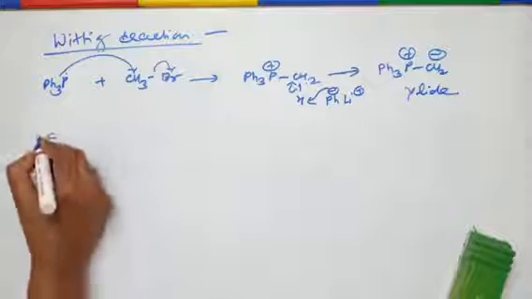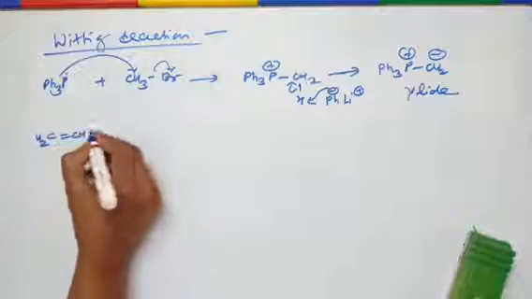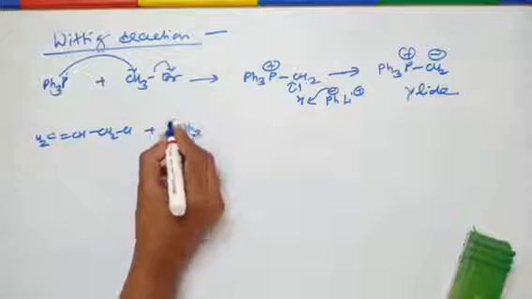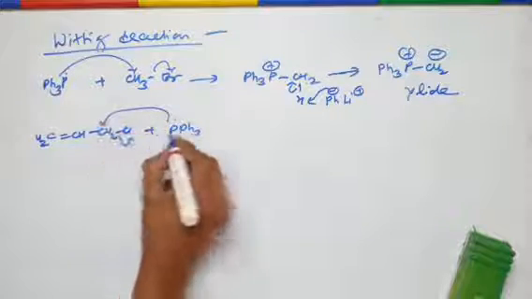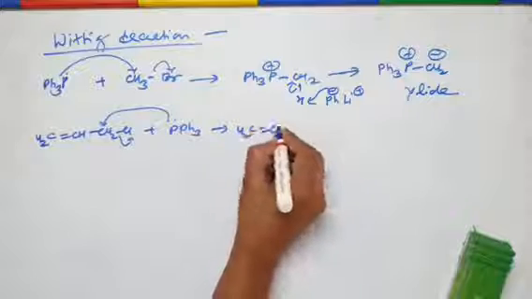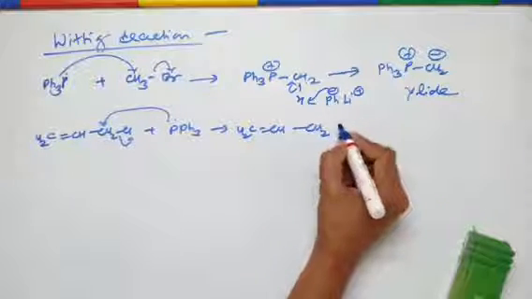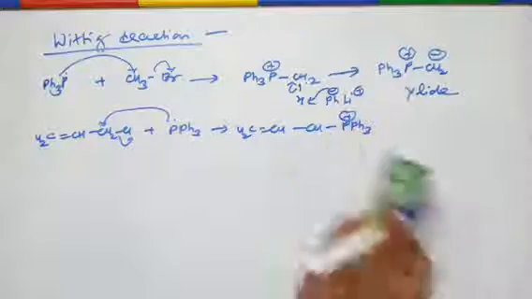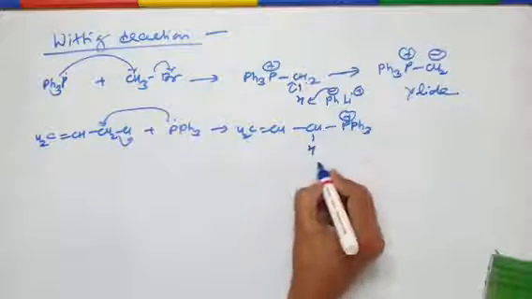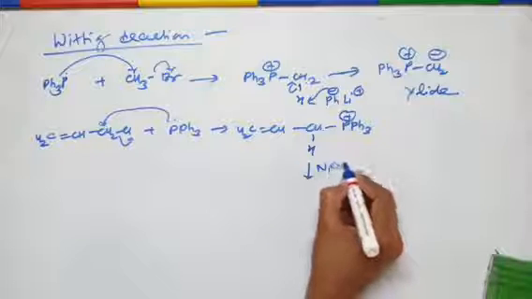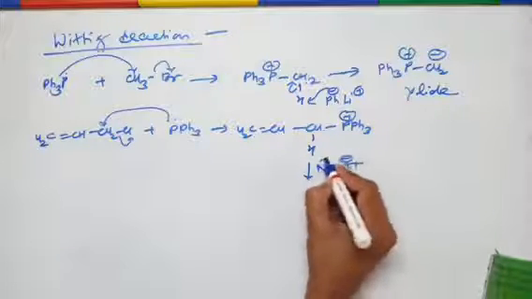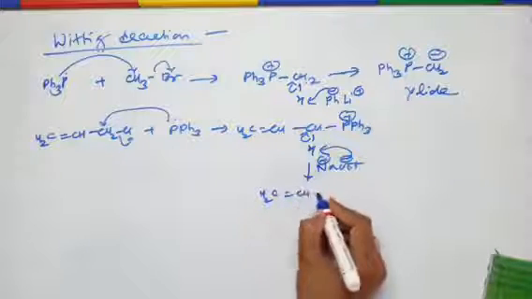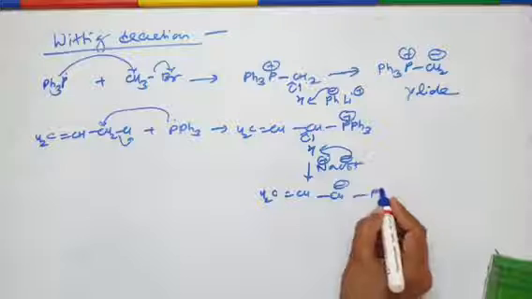For example, here is another ylide which we can generate, plus PPh3, phosphorus attacks on this carbon, chlorine leaves, so you get the product with the positive charge. Now you treat it with a base like sodium ethoxide, or NaOH, OH minus abstracts this proton and a carbanion is generated, so we have this phosphorus ylide.